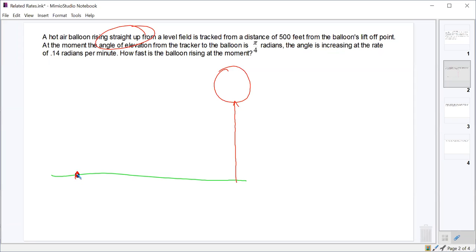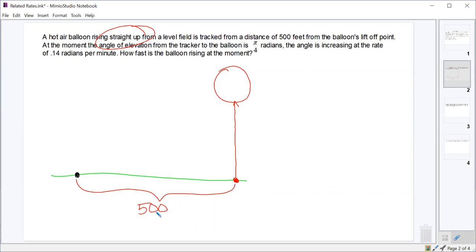It's going straight up, but it's the distance between the liftoff point and the point where we are tracking it. These two points, that distance is 500 feet, right? And that is not changing whatsoever. Everybody agreed that that would not be changing at all?